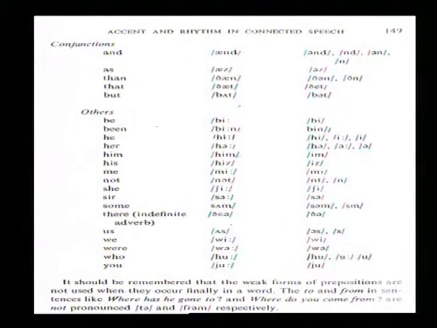What are the other words where we can have the weak form? You can have conjunctions like 'and', 'as', 'than', 'that', all with weak forms. Notice what is happening, my dear students, in all these words: there is a vowel change.